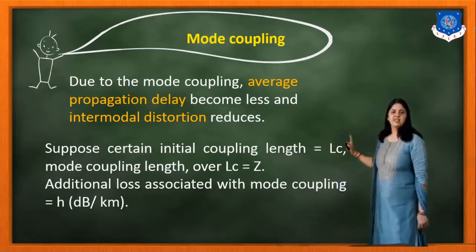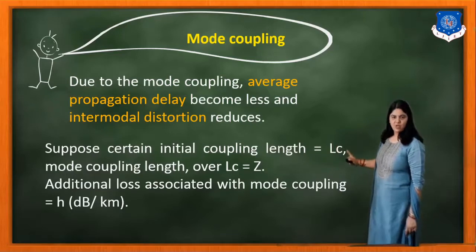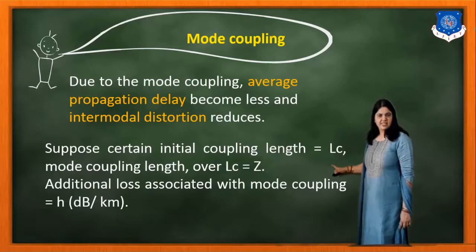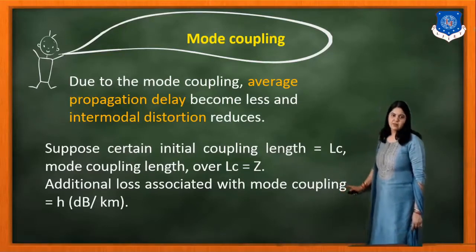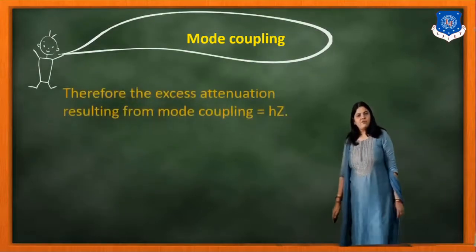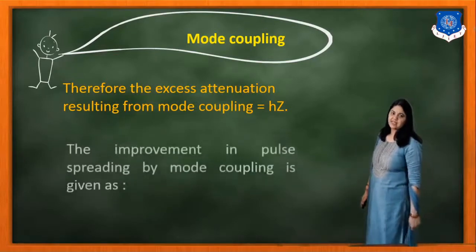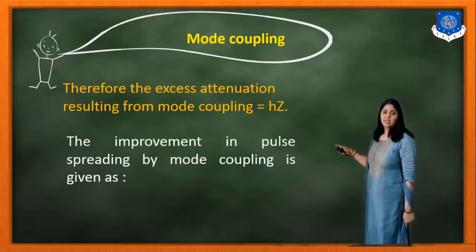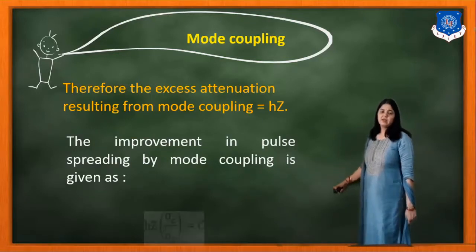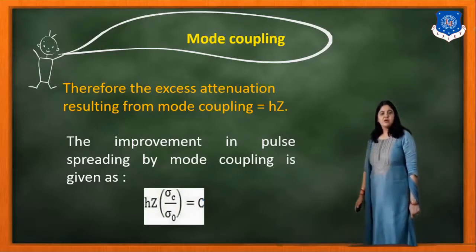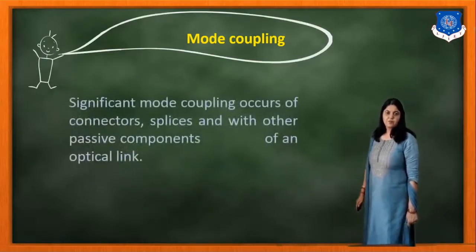Suppose the certain initial coupling length is equal to LC, the mode coupling length over LC is equal to LZ, and the additional loss associated with mode coupling is H dB per kilometer. From this, the excess attenuation resulting from mode coupling is HZ, and the improvement in pulse spreading by mode coupling is given as sigma C upon sigma 0 is equal to C.